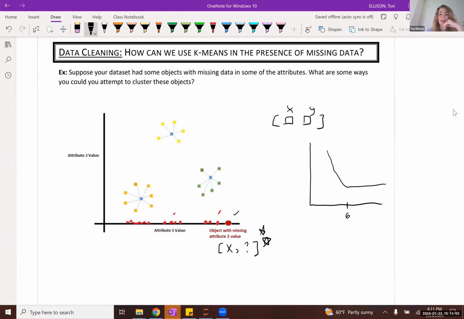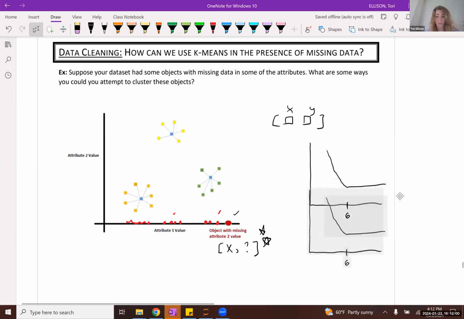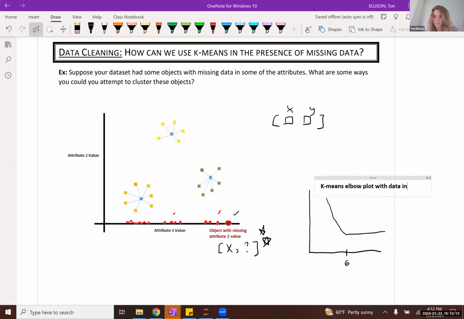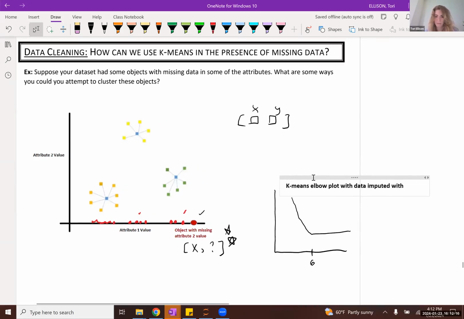So it's possible that even though technically this data probably only has 3 inherent clusters, by creating a k-means elbow plot with data imputed with 0, we may end up seeing additional clusters forming that aren't all that meaningful.